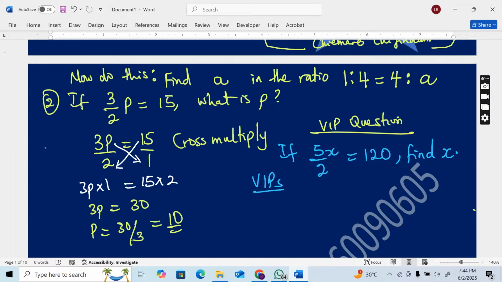The correct answer was posted first by Chikezie. So Chikezie, you are a VIP, followed by Kosi, followed by Emmanuel, followed by Mira, Destiny, Chiemere.